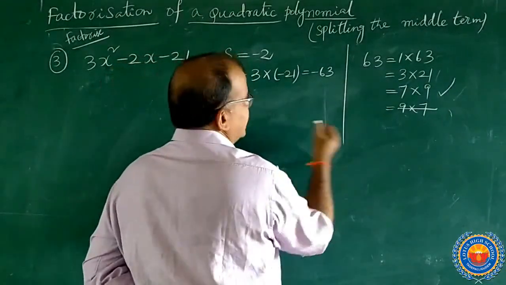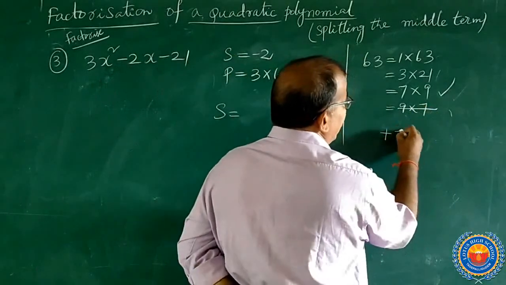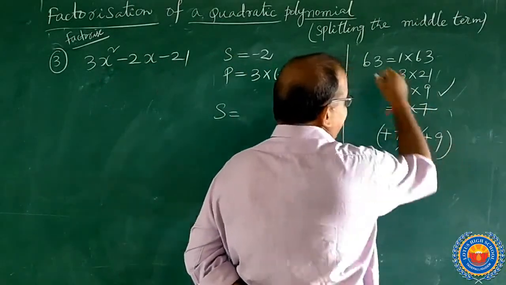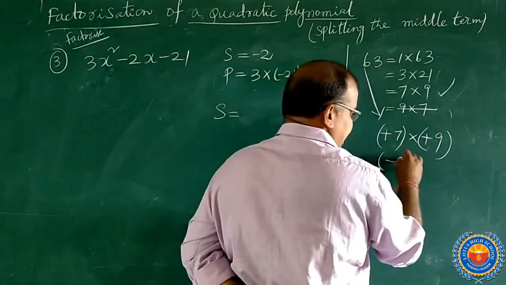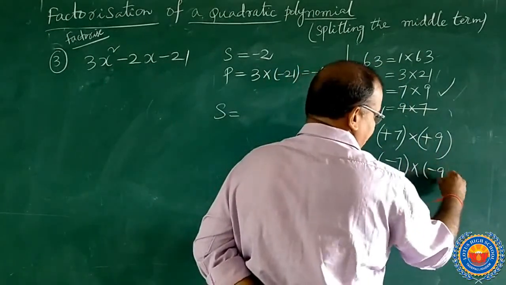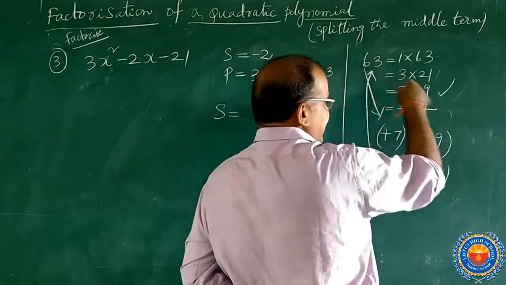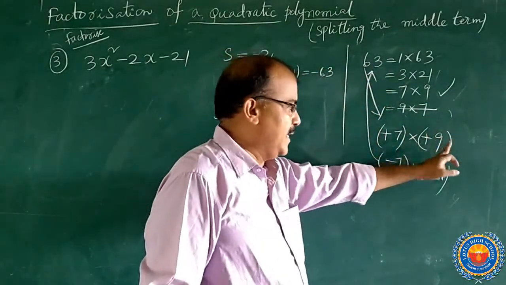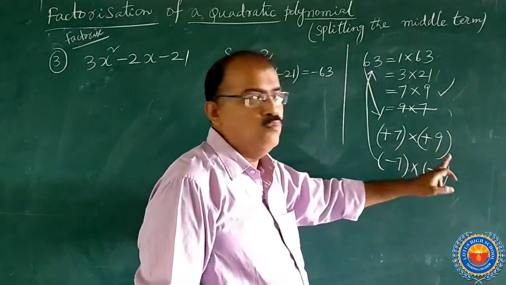If I take plus 7 into plus 9, it is 63. Minus 7 into minus 9 is also 63. That's what I can take: plus 7 into plus 9 or minus 7 into minus 9.